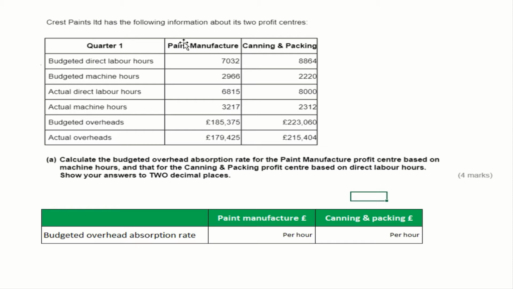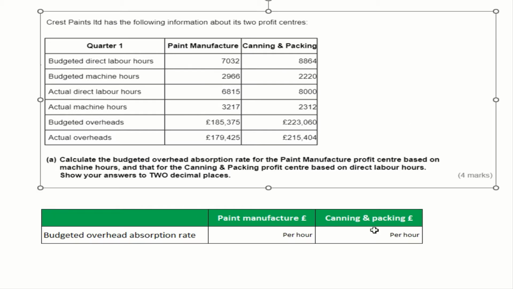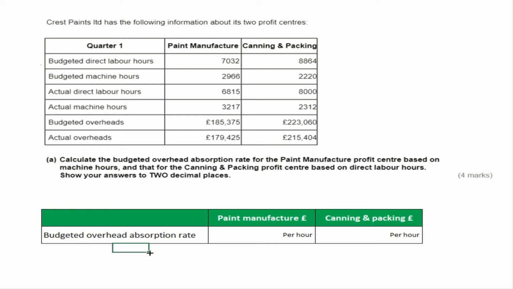Crest Paints Limited has the following information about its two profit centres: budgeted direct labour hours, budgeted machine hours, actual direct labour hours, actual machine hours, budgeted overheads and actual overheads. Calculate the budgeted overhead absorption rate for the paint manufacturer centre based on machine hours. So they want machine hours, that's 2966, and the budgeted overheads is 185375.